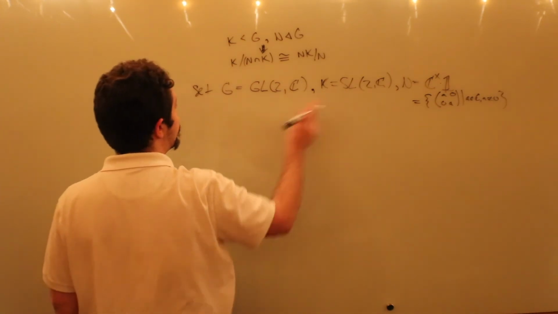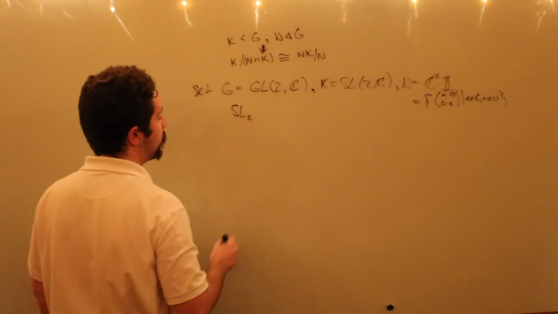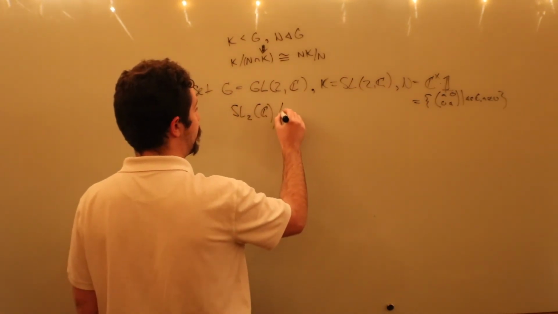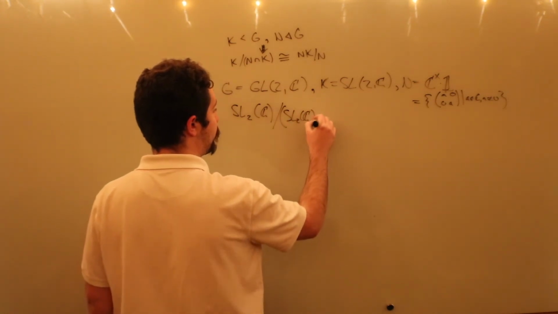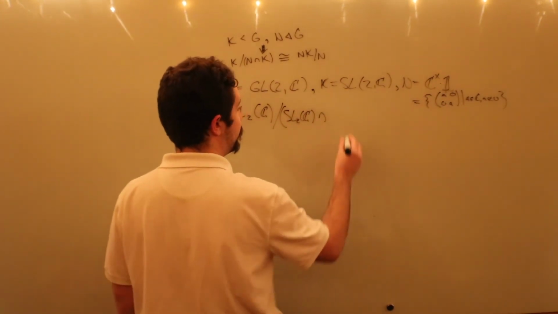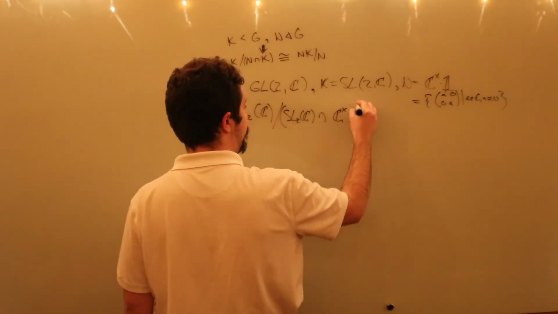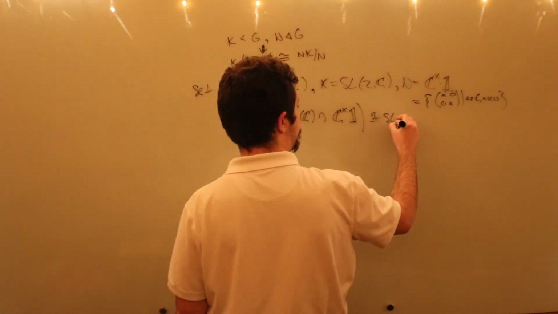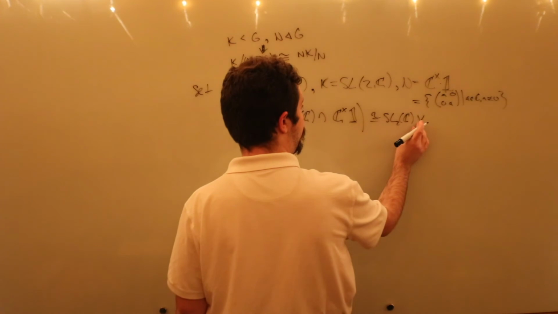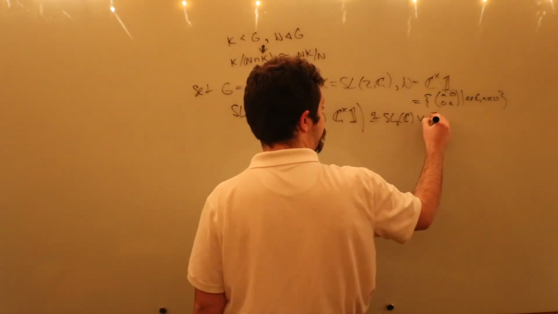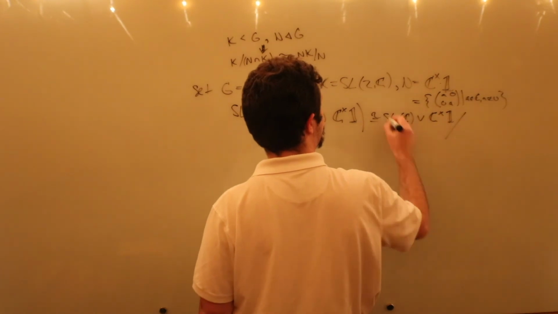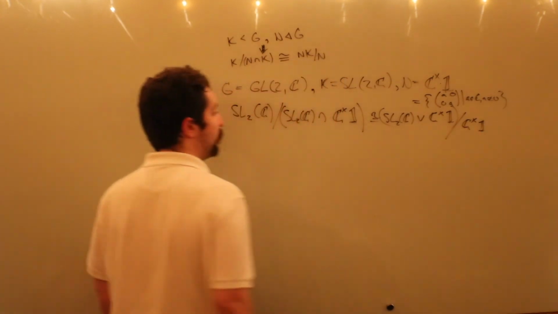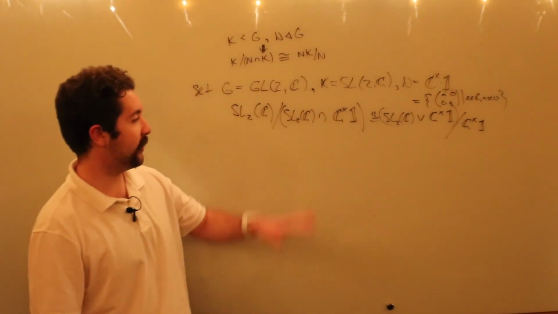So we have K, which is SL2 of C, quotiented by the intersection of SL2 of C with this group N, which is exactly that, is isomorphic to the join of N and K. So SL2 of C join, recall that's the other way to write the join, join with that, quotiented by, of course, N, which in this case is the multiplicative complex numbers scaling the identity matrix again.